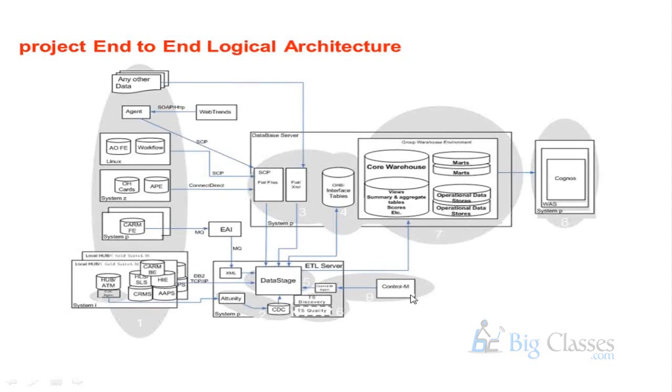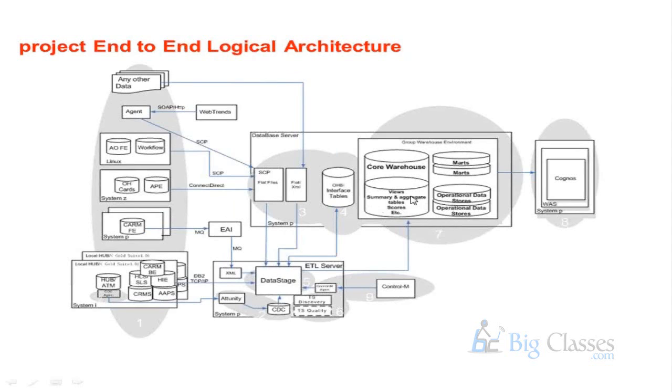After that, once we converted all these operations in DataStage technology, this is the place where we are going to load the data into the warehouse, right? This is the kind of architecture we also need to know.